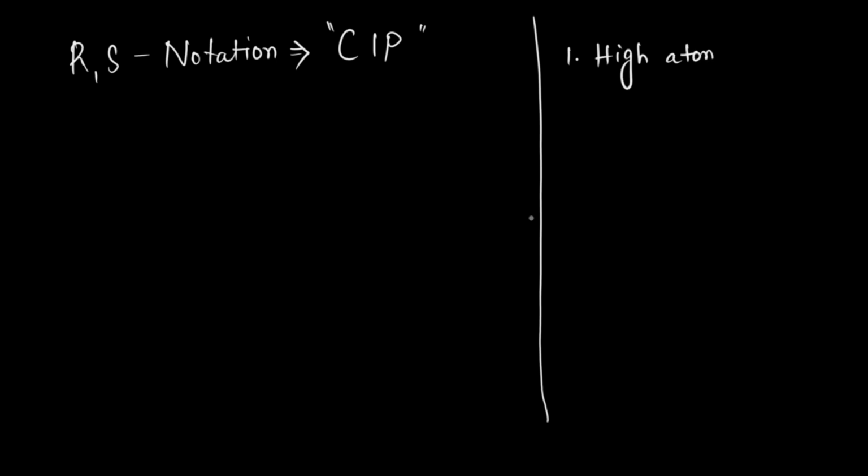We are naming it under the rules which are called the Cahn-Ingold-Prelog rule, that is the CIP rule. Okay, what does this rule say? The first rule is that the group with the first atom having a high atomic number is senior. High atomic number, as we saw in other examples also, that is priority 1.